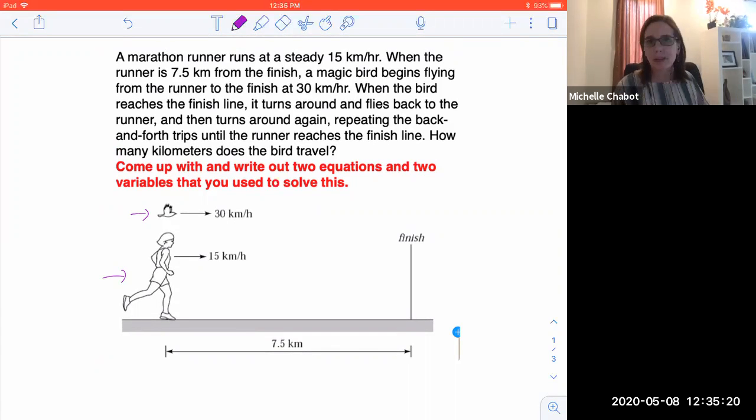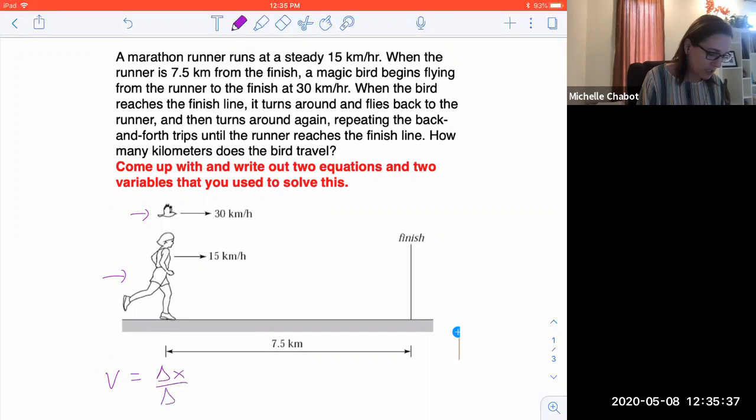I always call the bird the magic bird, and you'll see why. Here we have the marathon runner, who runs at a steady 15 kilometers per hour, meaning their velocity is constant. If the velocity is constant, then the velocity is simply equal to the distance over time. The instantaneous velocity equals the average velocity, and this is true for constant velocity motion.